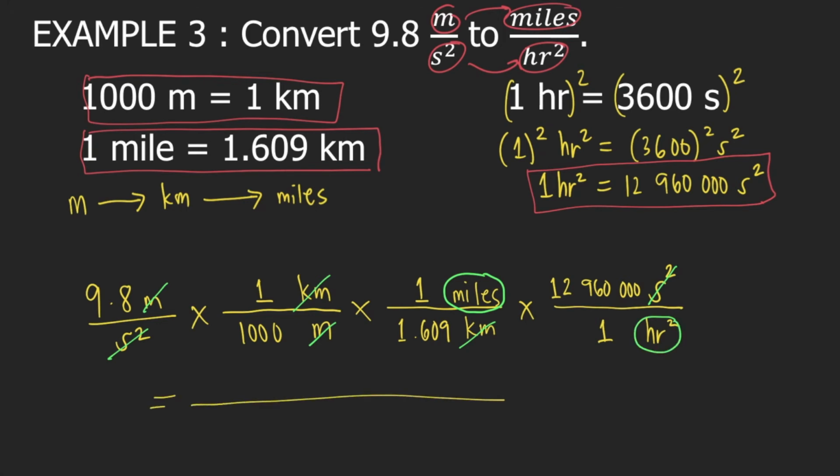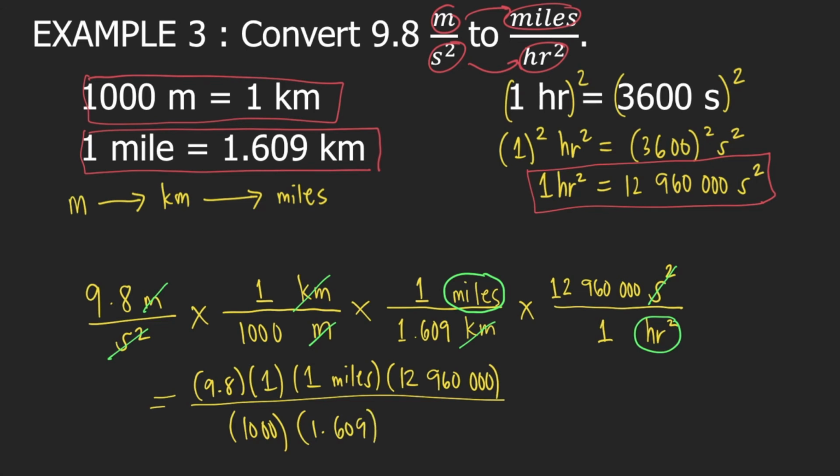So on top, we have 9.8 times 1 times 1 mile times 12,960,000, divided by, on the bottom, 1,000 times 1.609 times 1 hour squared.